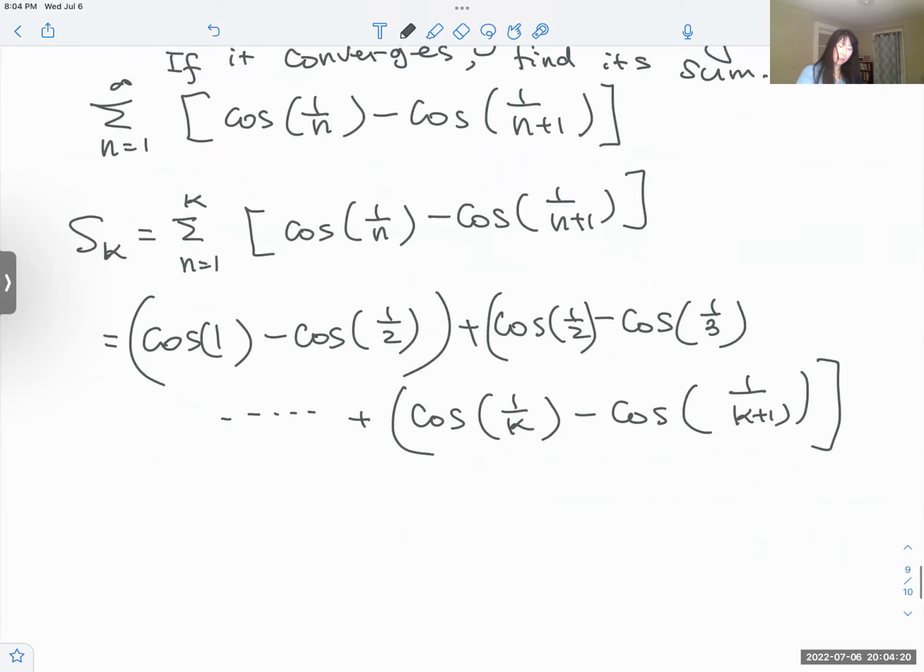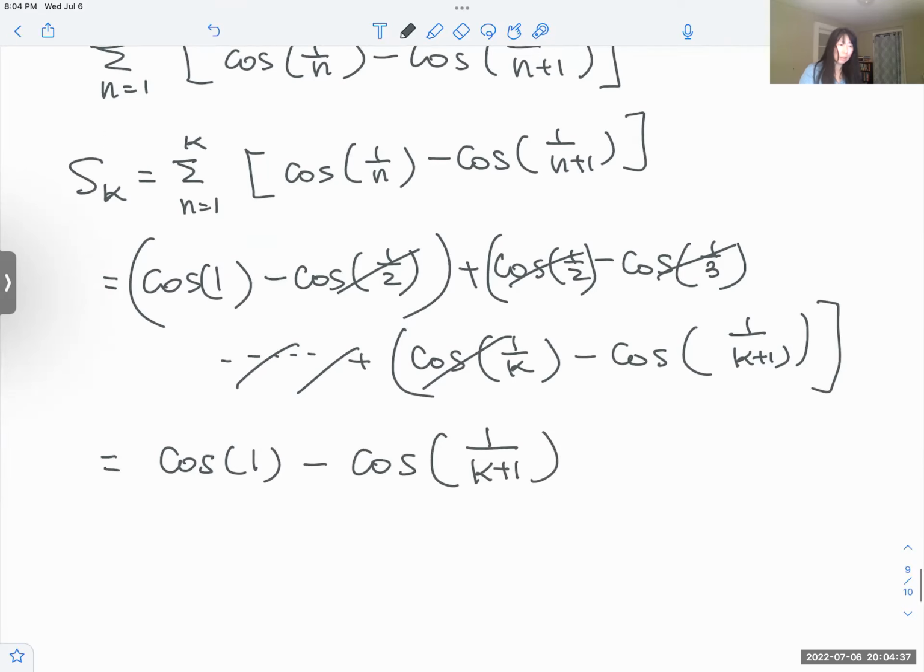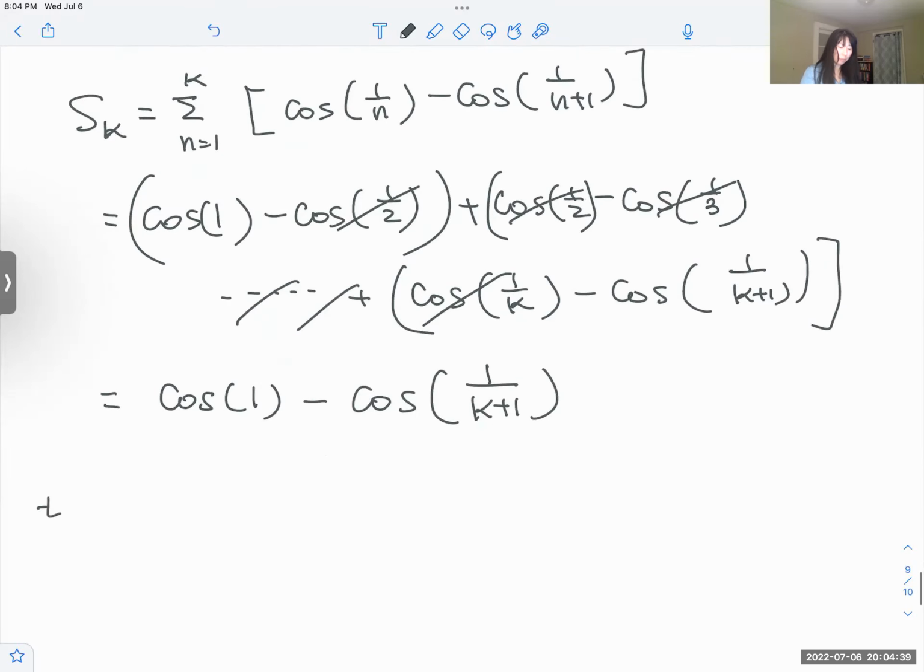All right, then we can simplify everything until we get cosine 1. And we have cosine 1 over k plus 1. All right, so think, limit as k approaches positive infinity.